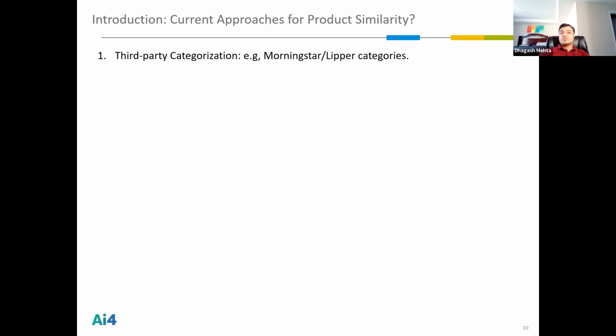Then this list of mutual funds in the same category would be, by definition, similar funds. So that's one concrete way to come up with similar funds, and it has been practiced widely in the industry.